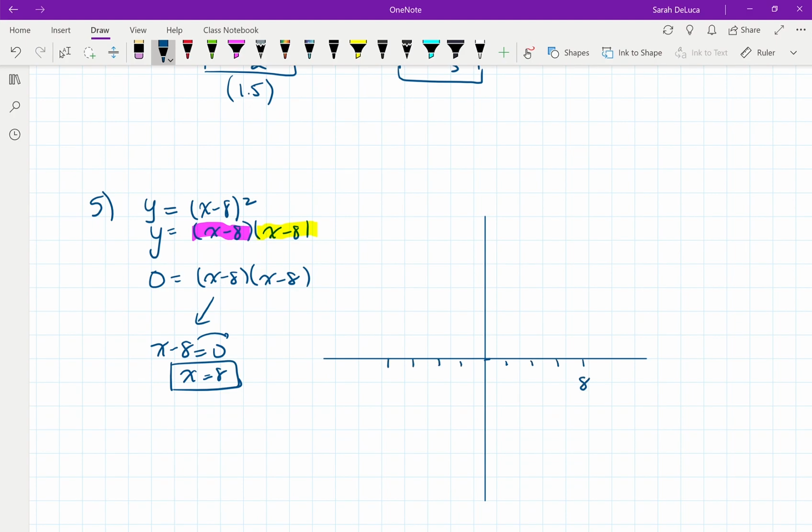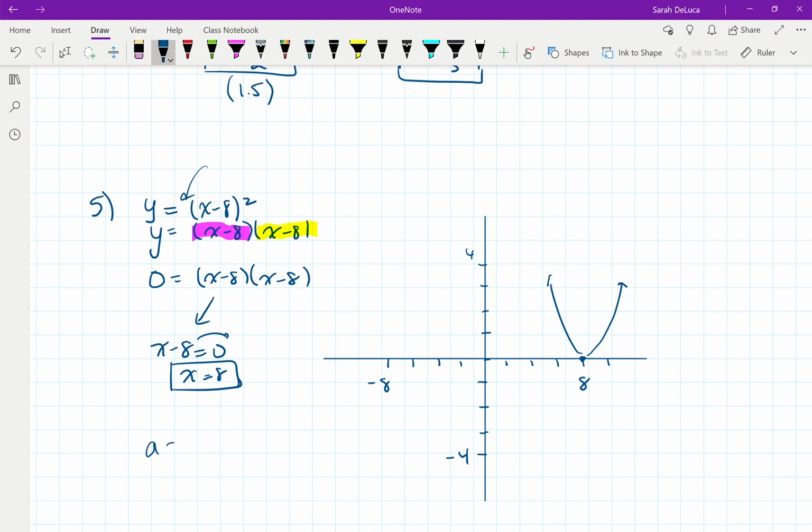I'm not using the actual graph. So that means I have an x-intercept here, but if I'm only having one x-intercept, and the other thing I note that it opens up, so the parabola is going to open up, like this. I need another point to graph, so actually let's practice that here.